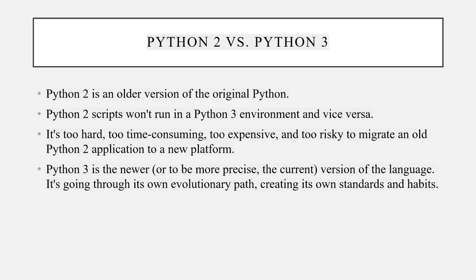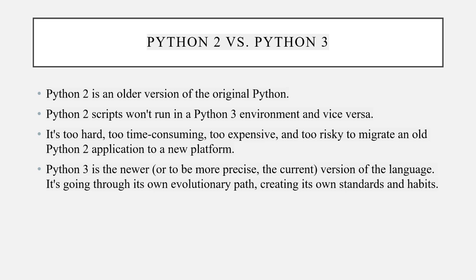And one of the biggest challenges between Python 2 and Python 3 is that they are not fully compatible. Python 2 scripts won't run in a Python 3 environment and vice versa. This incompatibility can be a major issue for developers who need to maintain or update older Python 2 code.